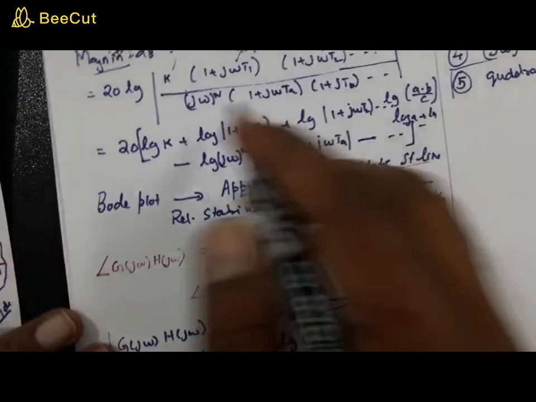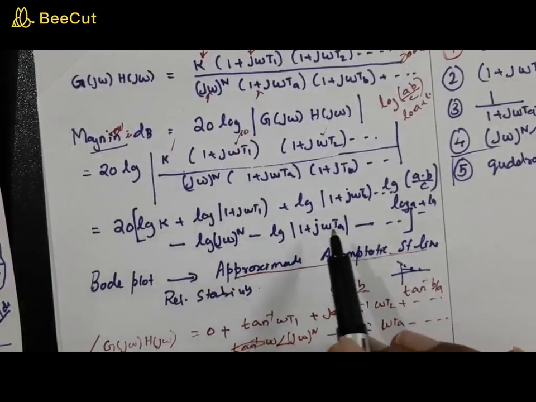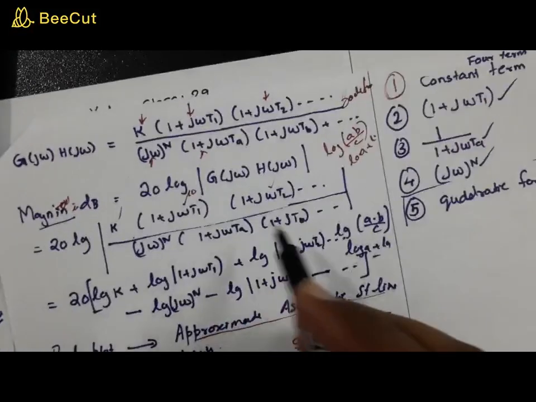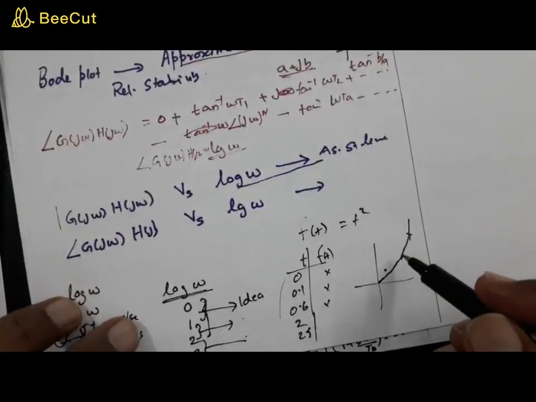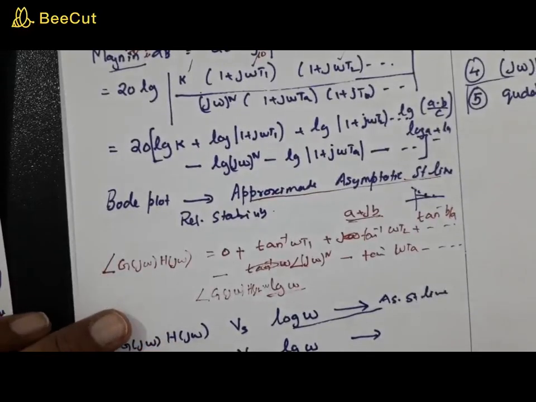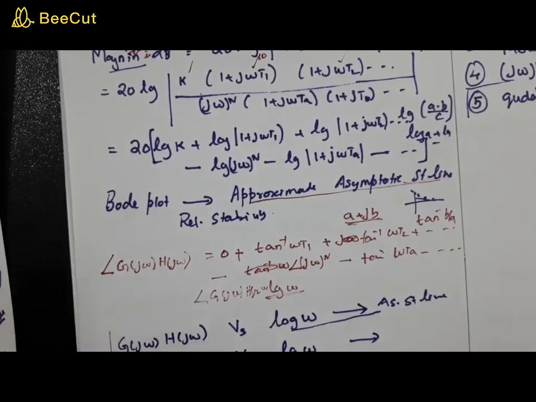Now, since we have represented this in magnitude and that too in decibel, once you find out the effects of each term, you can just take a sum of that. You don't need a multiplication, and obviously that's going to be much easier. Since we are not plotting it by arbitrary values, it's not going to be exactly accurate, but even though it is not accurate, the error will be less than 3 dB.